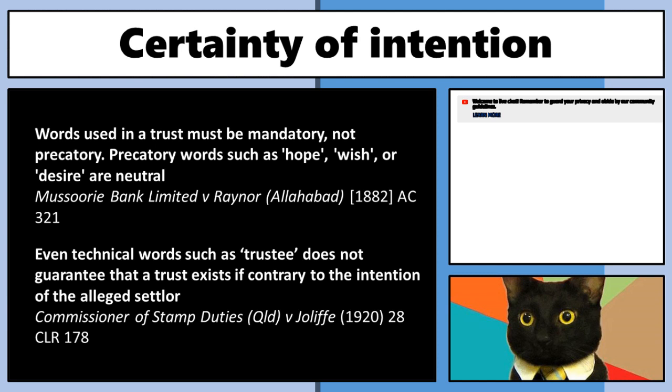And the courts went through this and had a look and said, what are you talking about? These words that are used, they're too vague. They're precatory words. Precatory means neutral. They're not actually mandating the wife to go and do these things. They're essentially acting like guidelines for her. And later on, we also look at "not required by her" in terms of what that means in terms of the actual subject matter as well.